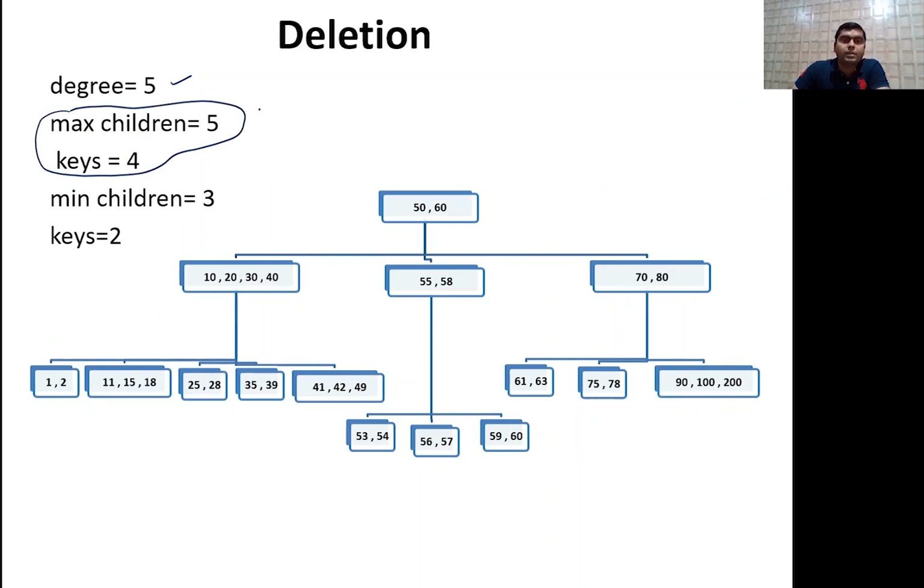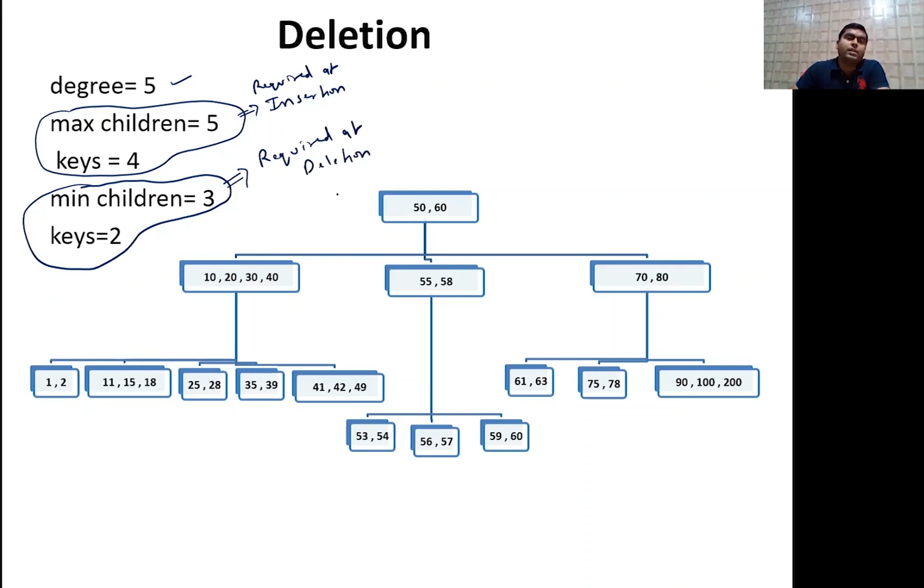These are required at the time of insertion. And the minimum condition is required at the time of deletion, because at deletion there is a chance of underflow.